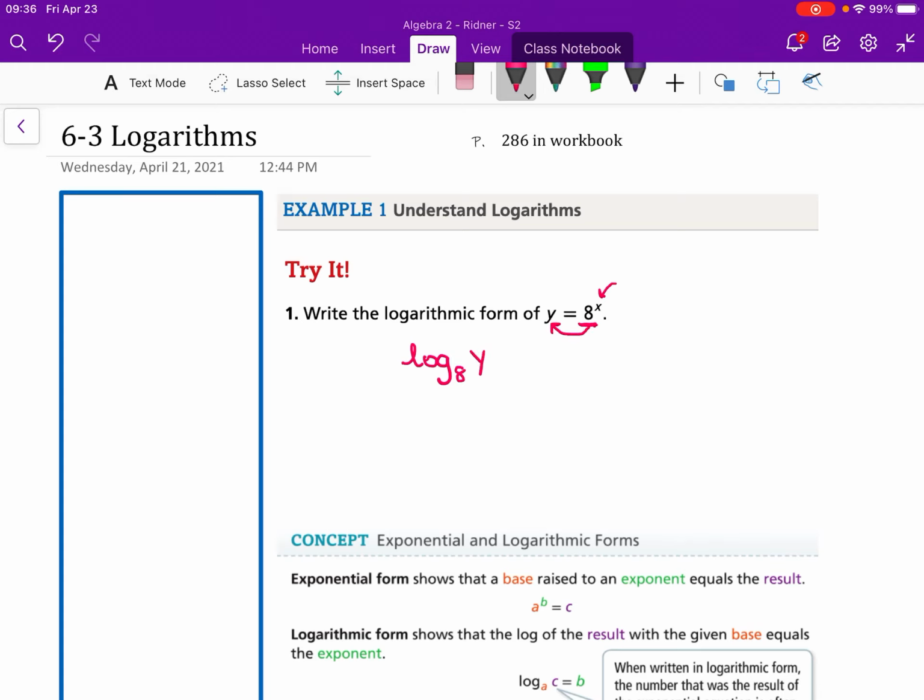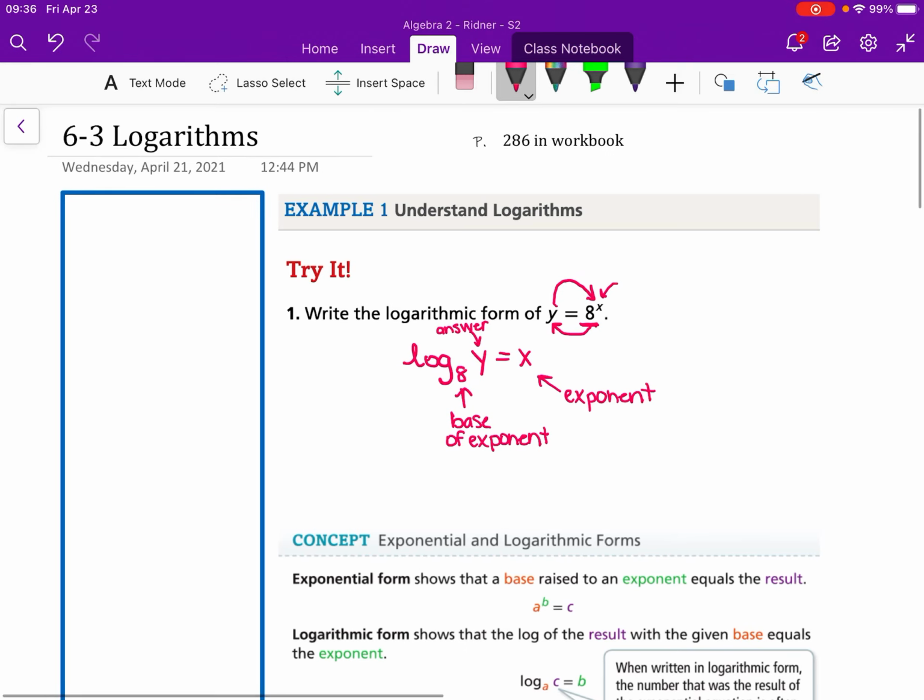Of, I go across the equal sign to pick up whatever I need to write there. So in this case, of y equals the exponent. Okay, so that's always going to be equals the exponent. This is always going to be the base of whatever the exponent is. And then y is always the answer, so what's on the other side of the equal sign.